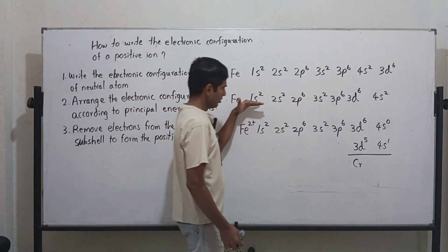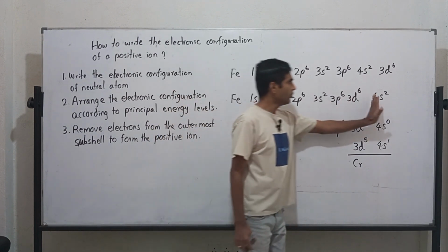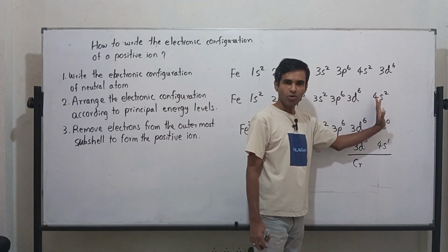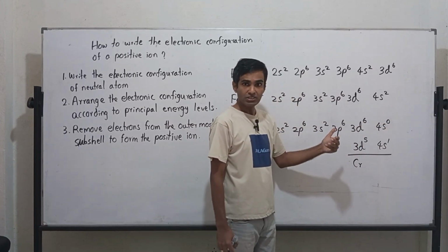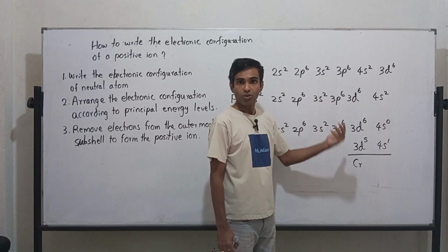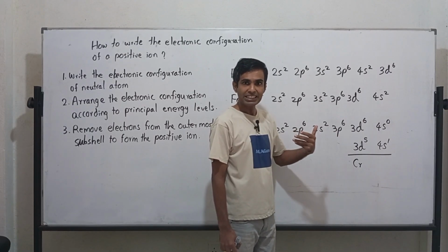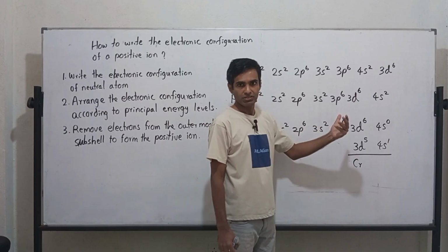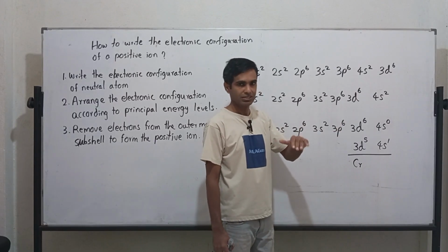What is the reason? When we form ferrous ion, we remove electrons from the outermost subshell. When the electrons fill the chromium atom, it fills according to the increasing energy order. Therefore, these are two different things.